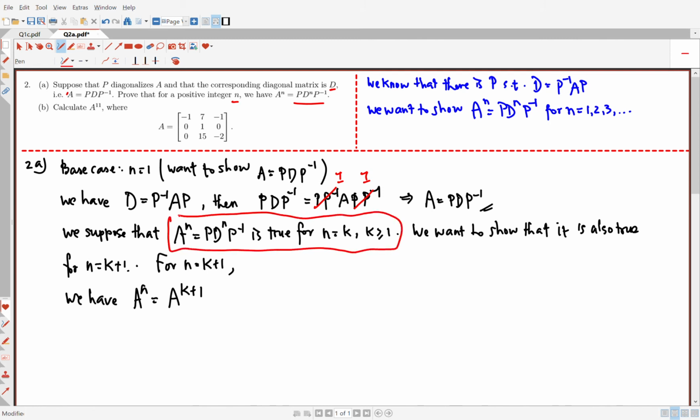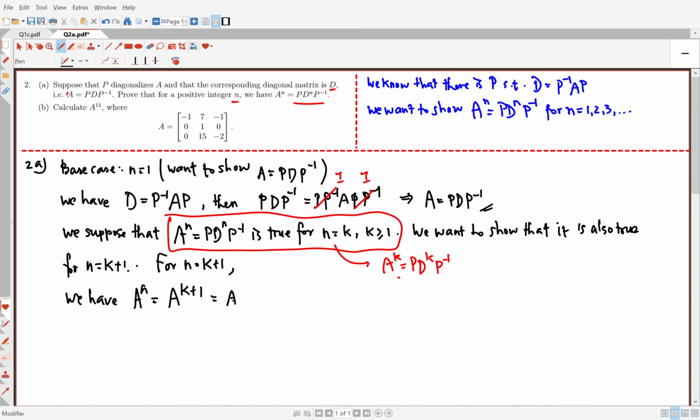This actually means that A to the power of k is equal to P D to the power of k P inverse. So I know how to express this A to the power of k, right? What I need to do here is make A to the power of k come out.